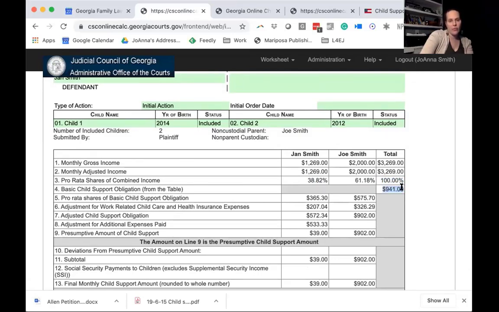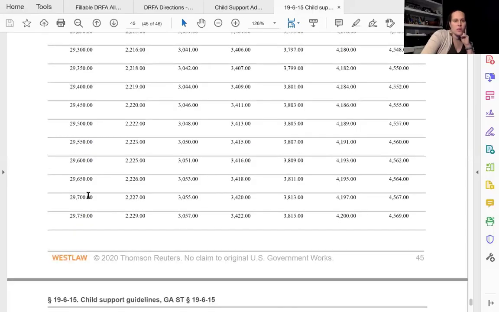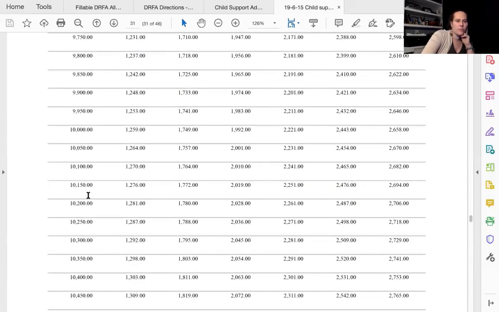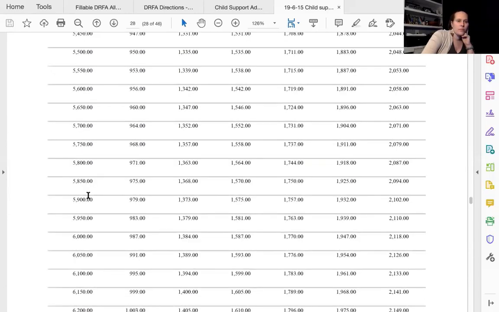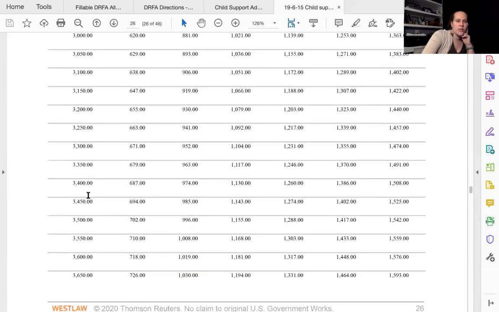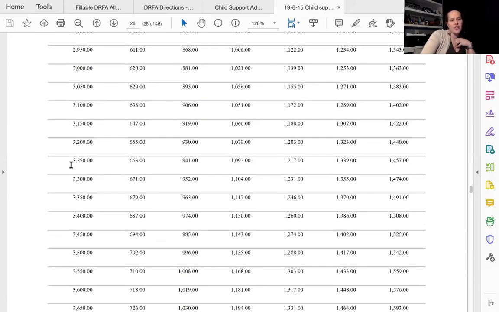Okay, and so if you remember this number, 3269, we're going to go back to the table and find 3269. So it's actually going to be 33 here. For two children, it should be 952.